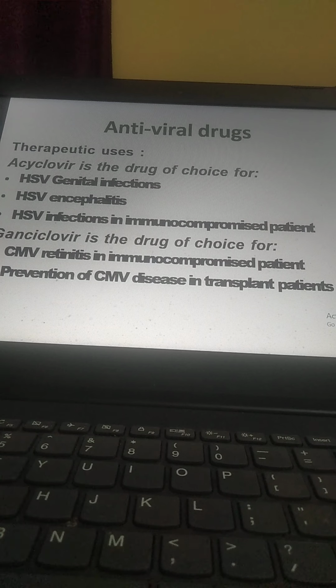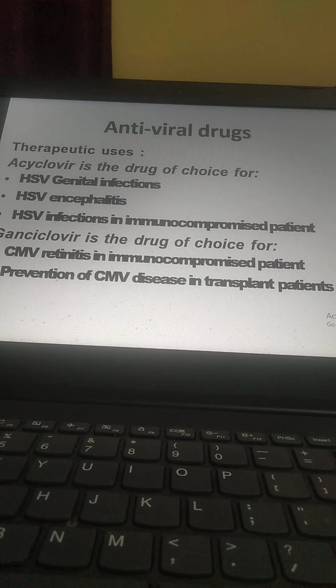And the antiviral drugs, their therapeutic use: acyclovir is the drug of choice for HSV genital infections, HSV encephalitis, HSV infections in immunocompromised patients. Ganciclovir is the drug of choice for cytomegalovirus retinitis in immunocompromised patients, and prevention of cytomegalovirus disease in transplant patients.